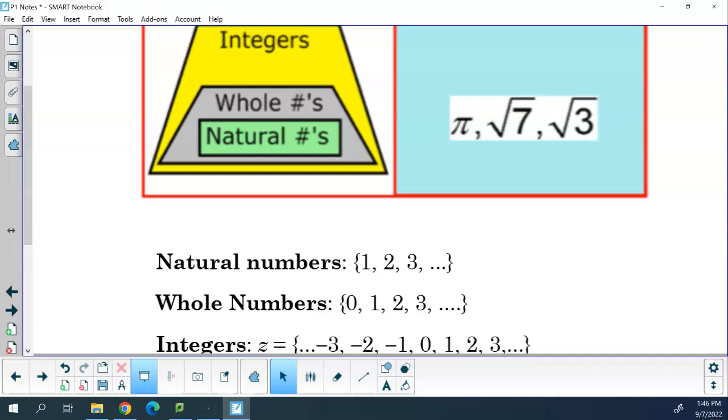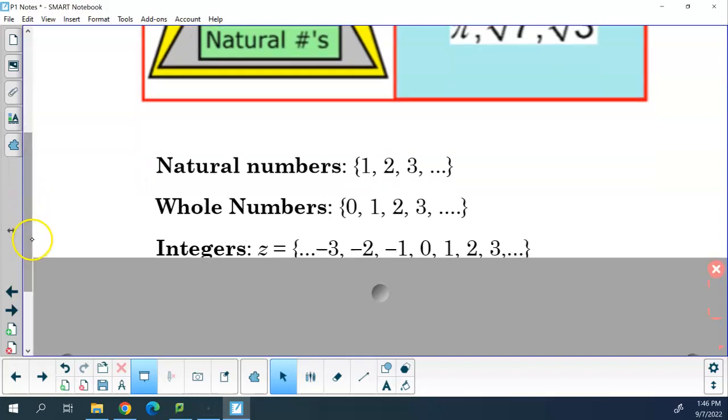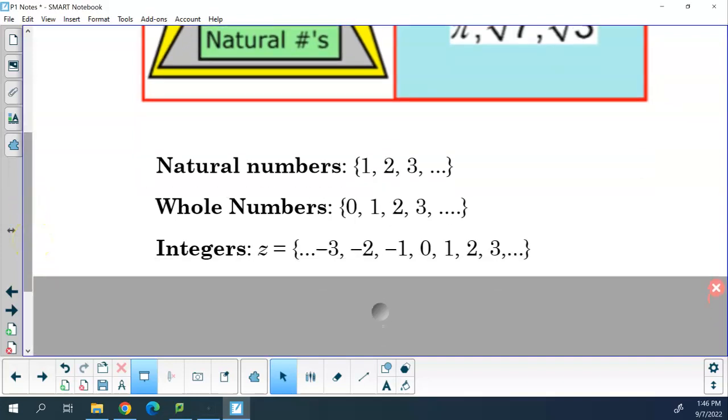We haven't started with decimals yet. Positive and negative whole numbers, nice. The letter used for integers is Z. I don't know why they use Z either. It's just always the symbol for the set of integers: -3, -2, -1, 0, 1, 2, 3.